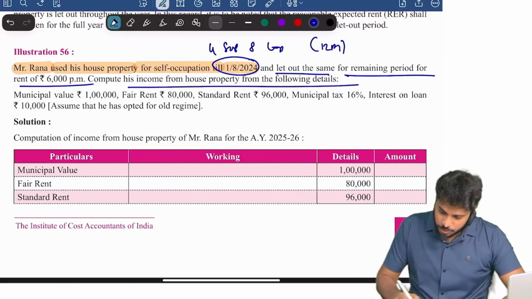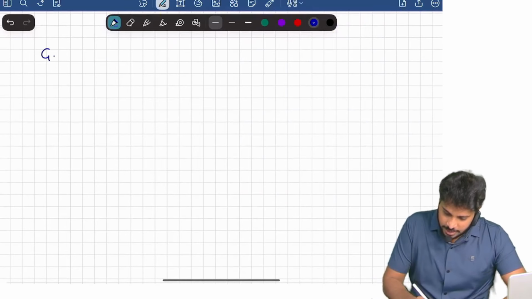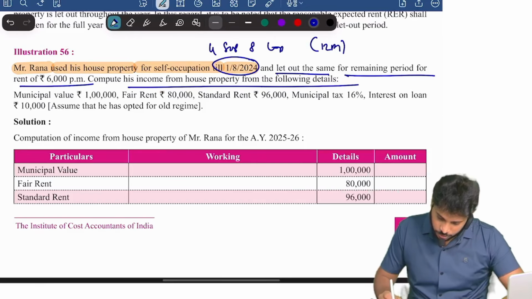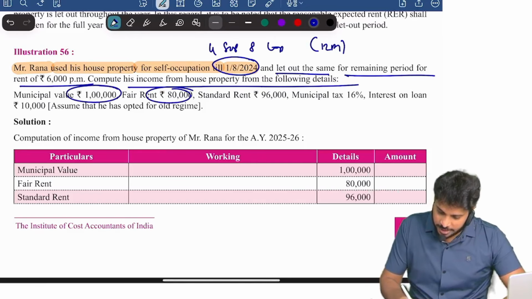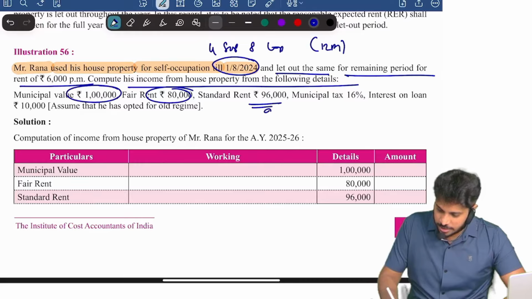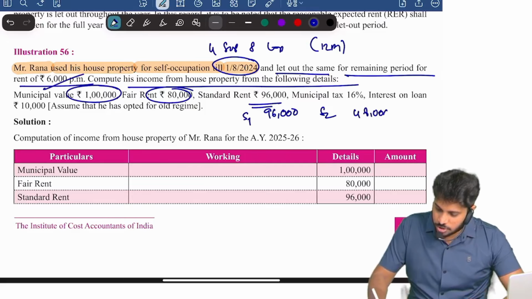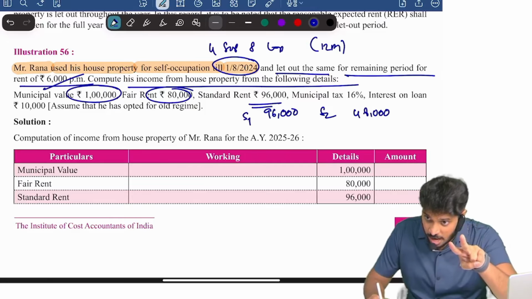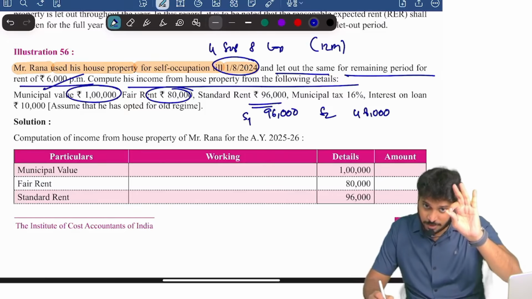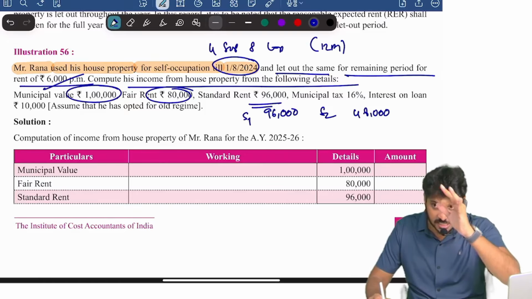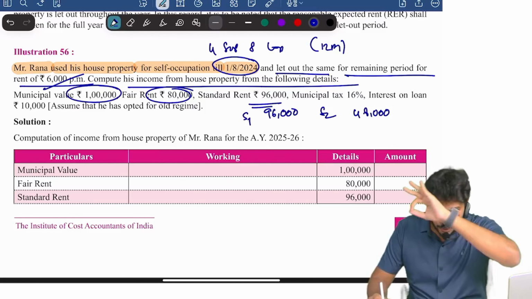Compute income from house property. First I will compute gross annual value. Gross annual value is municipal value 1 lakh, fair rent 80,000, whichever is higher, restricted to 96,000, which is step number 1. Step number 2, 8 months into 6,000, 48,000 is the actual rent receivable. 8 months rented at 6,000 per month receivable minus unrealized rent 0, received is 48,000, no vacancy.